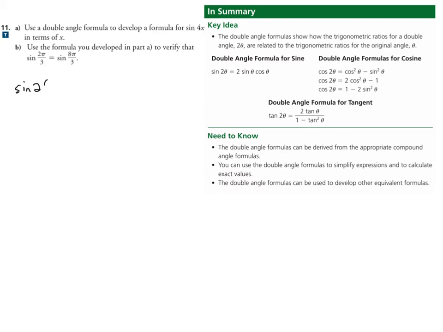That's sine of 2 times 2x, which equals 2 sine of 2x cos of 2x, which equals 2, well, sine of 2x is going to be 2 sine x cos x, and cos of 2x is going to be cos squared x minus sine squared x.